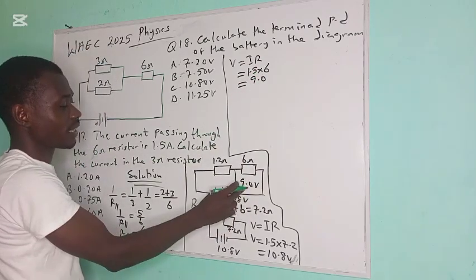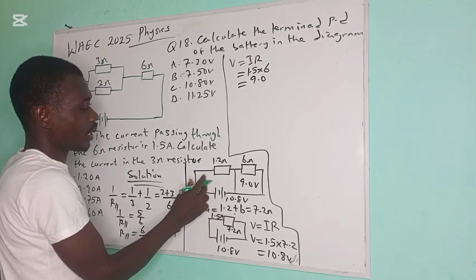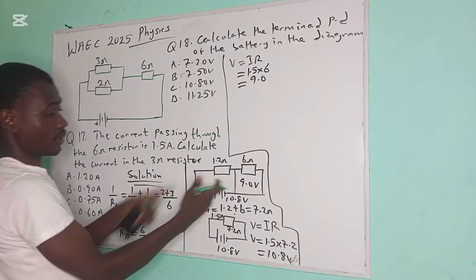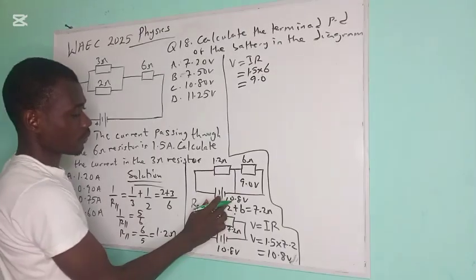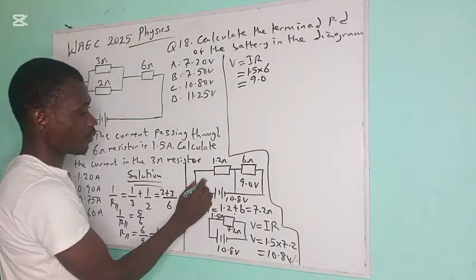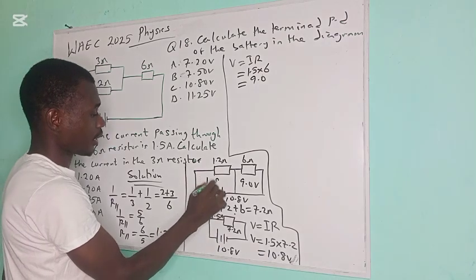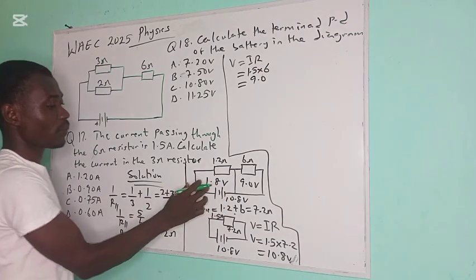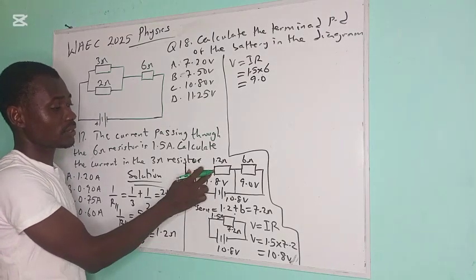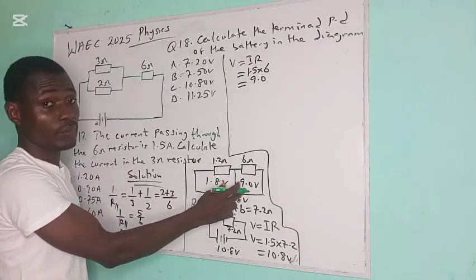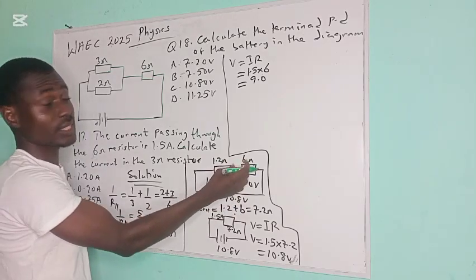So if this place is 9 volts, what will be this place? That will be 10.8 minus 9, which is 1.8 volts. So that means 1.8 volts is supplied to this 1.2 ohms, while 9.0 volts supplies the 6 ohms here.